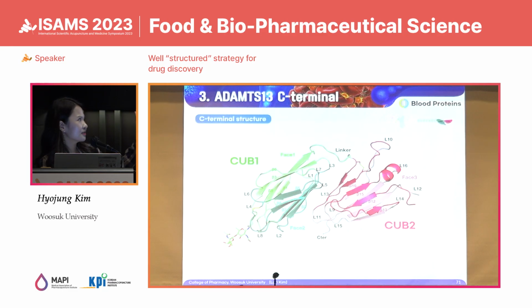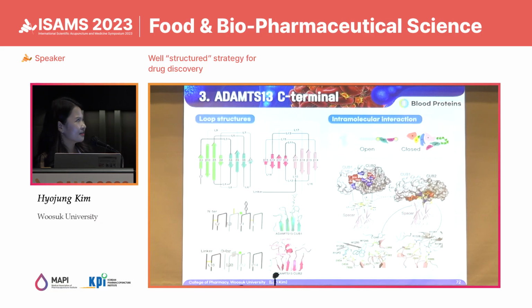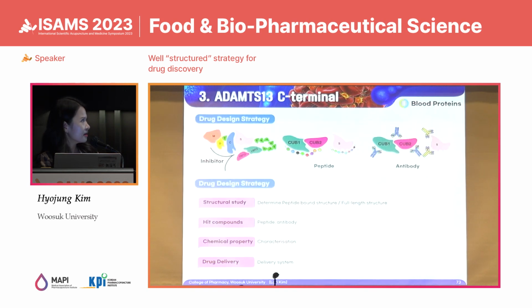So I figured out the structure of the protector, and I could figure out how they bind together to minimize the protease activity. My target is to dissociate the protector bound to the blade to activate the scissor's function more efficiently. So now what I'm working on is making a peptide that mimics the binding state and making an antibody that can dissociate the blade and the protector's binding.